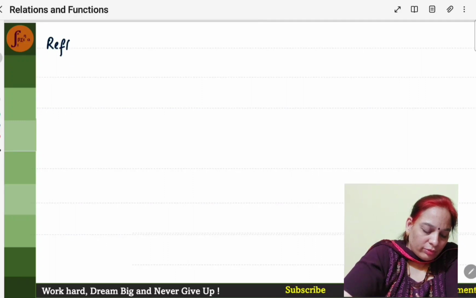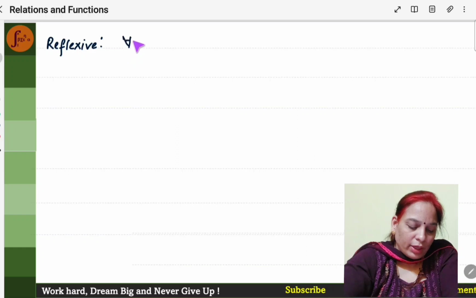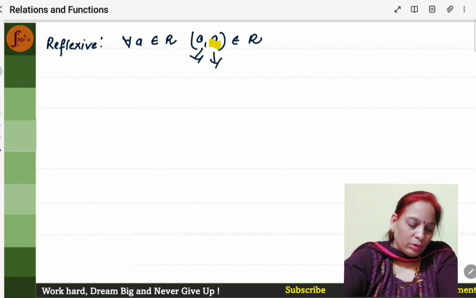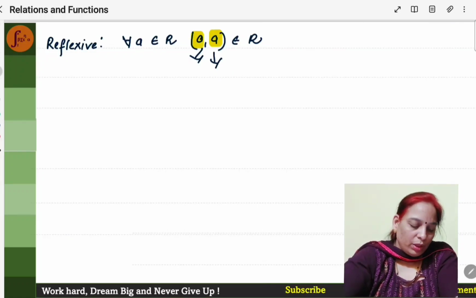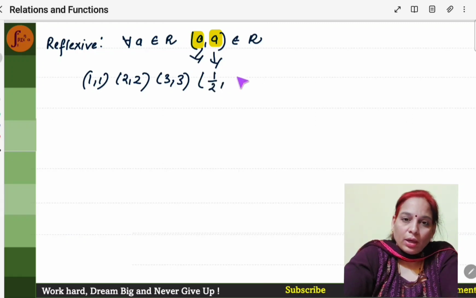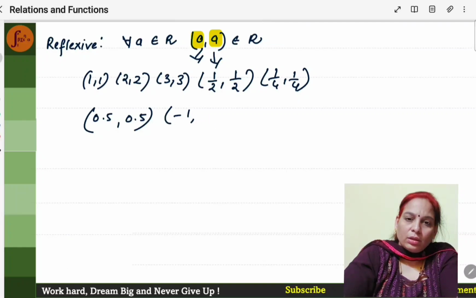Let's figure out if this relation is reflexive. Now what is the condition for reflexive? For every element A that belongs to R, A comma A should belong to R. That is, the first element and the second element both should be the same, which means 1 comma 1, 2 comma 2, 3 comma 3 for all real numbers, or half comma half, or 1/4 comma 1/4, or 0.5 comma 0.5, minus 1 comma minus 1.